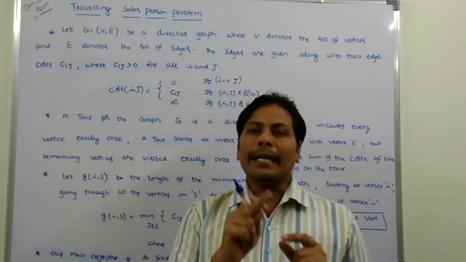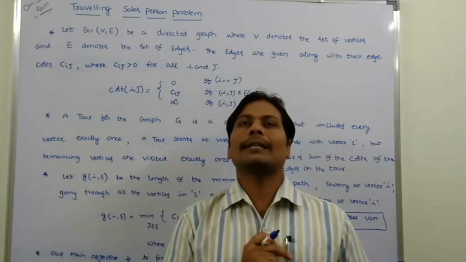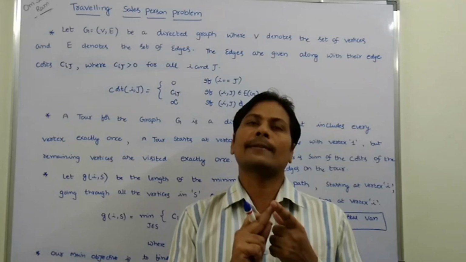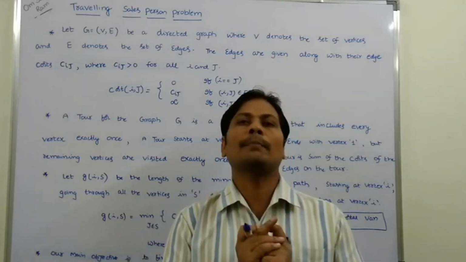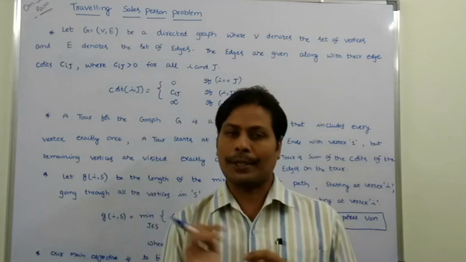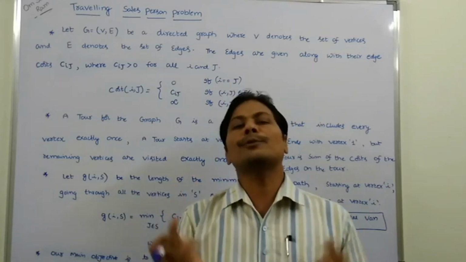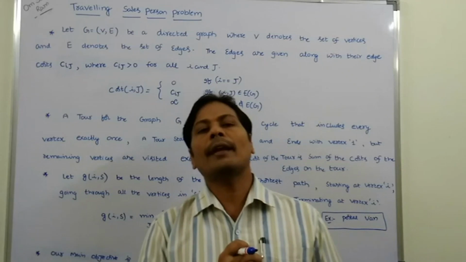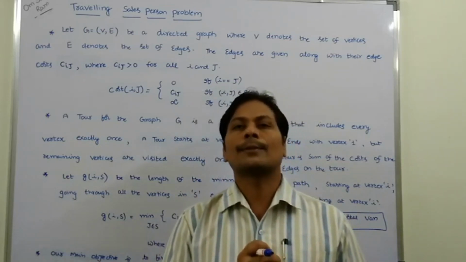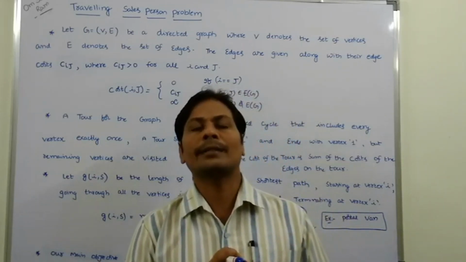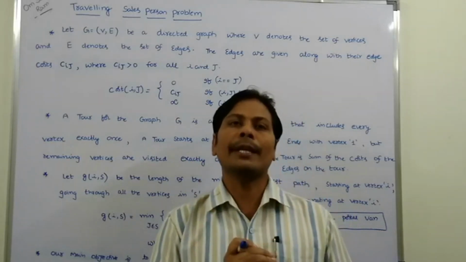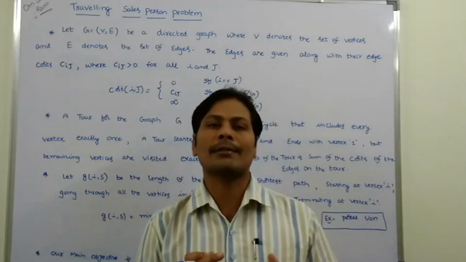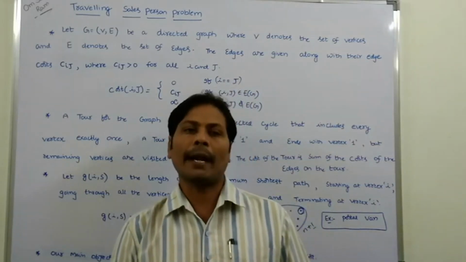Suppose any self loop is there. In that self loop, the starting vertex of the edge and ending vertex of the edge both are the same. The cost is 0. If there is no direct edge between any pair of vertices, its cost is represented by infinity. So by using these three rules, first we have to construct the adjacency matrix.